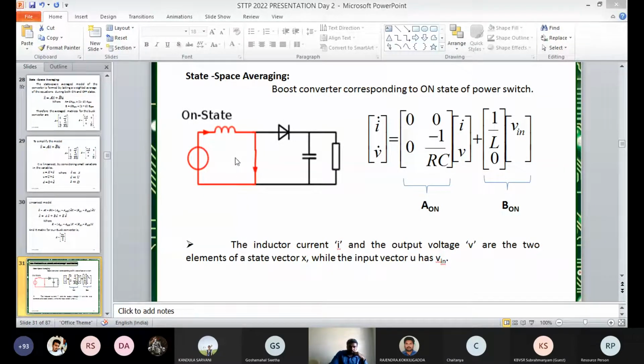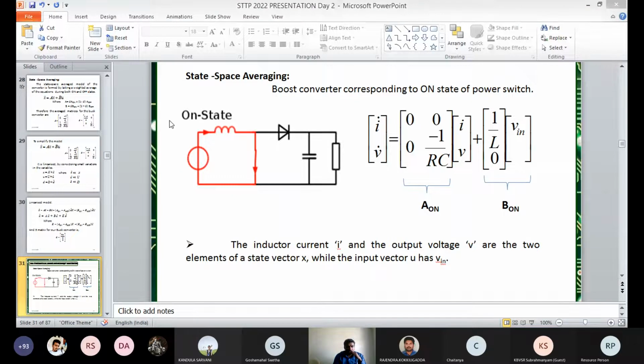That means in a power converter, to form the state model, one important note is that while choosing the state variables we need to select the inductor current and the capacitor voltage, and to form the state model we write the equations for the inductor voltage and the capacitor current, and vice versa. So that is one important thing.